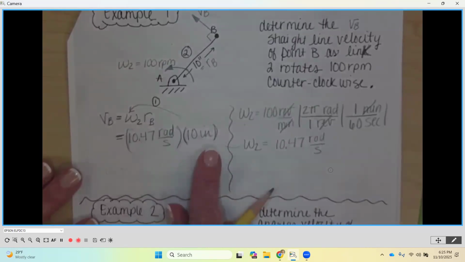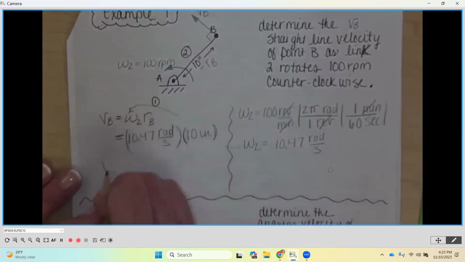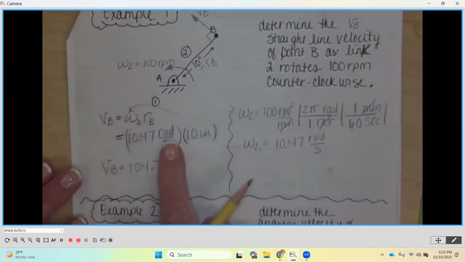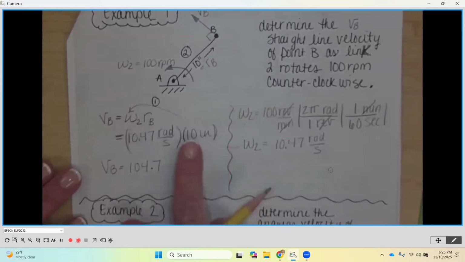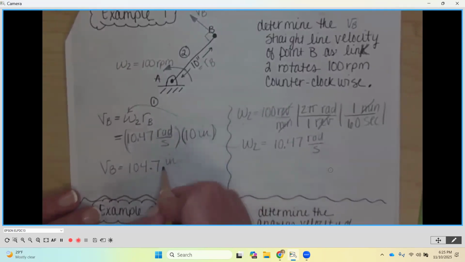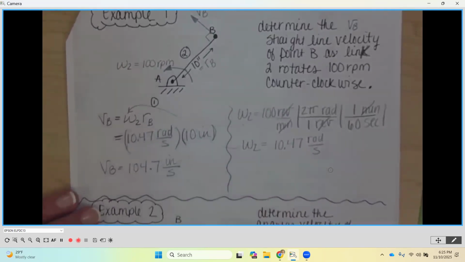We're going to multiply by inches here, right? So our velocity at B is going to be equal to 104.7 radians times inches. What happens? Radians are going to magically disappear, so it's going to be inches on top divided by seconds. Whenever radians is multiplied by something else, the something else takes over.